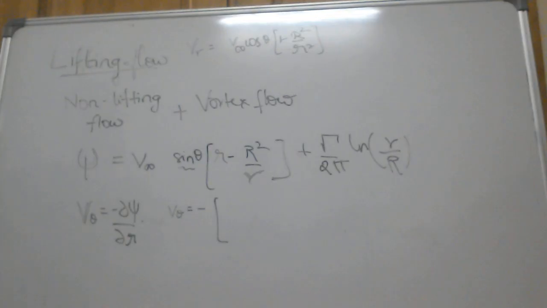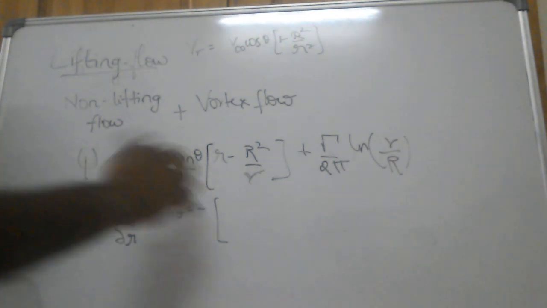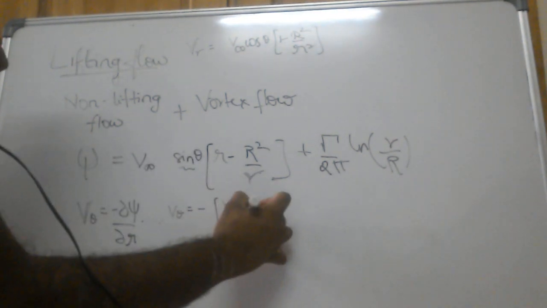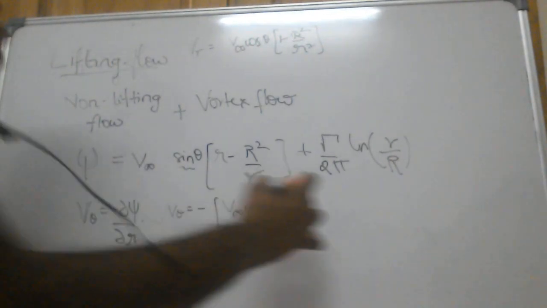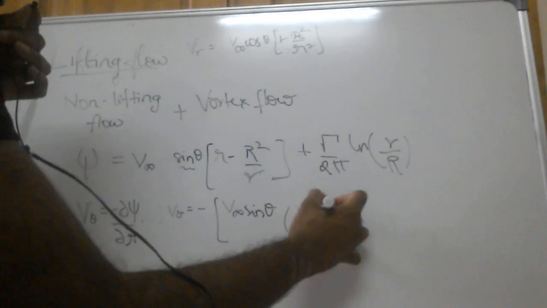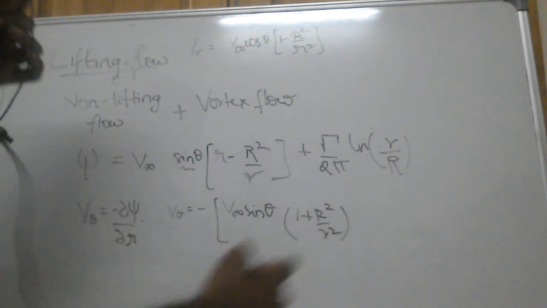minus of, the minus comes from here, V infinity sine theta is a constant because we are differentiating partially with respect to r. Derivative of r is 1, and derivative of 1 by r is minus 1 by r square. So that gives me 1 plus capital R squared by small r squared.